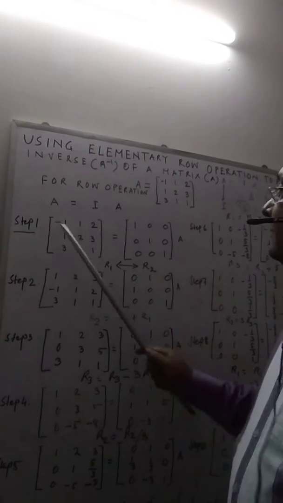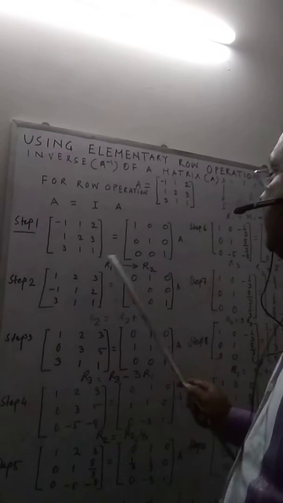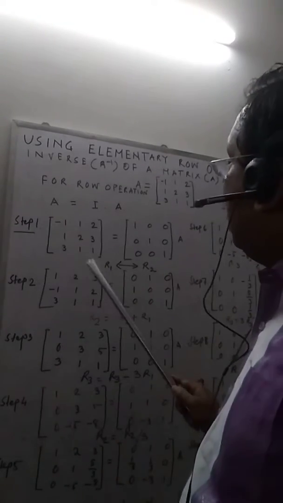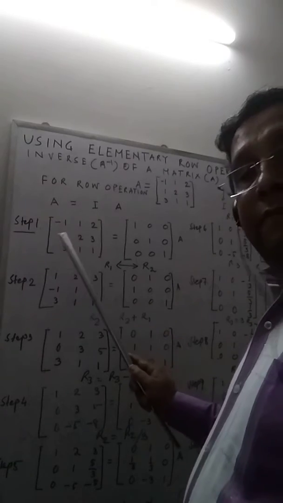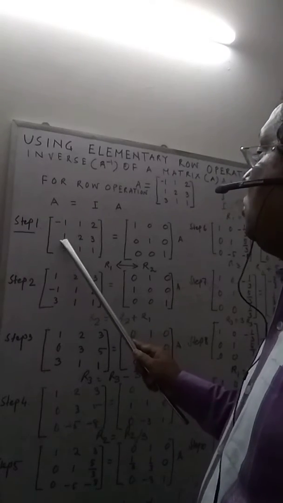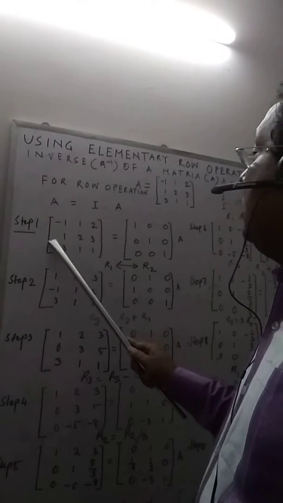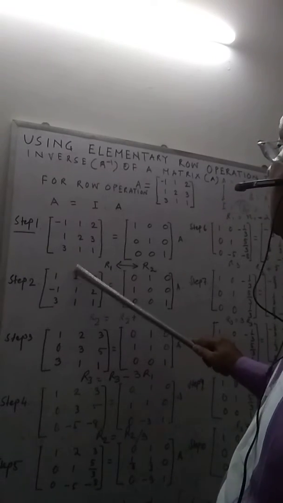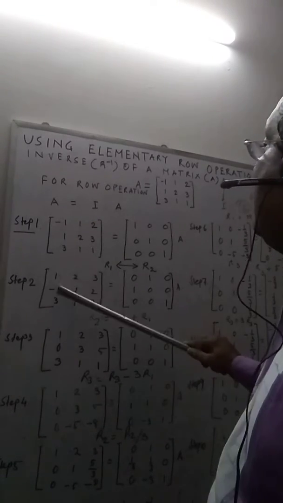Now, in step 2, just see this instruction. This instruction is important. As I told you, rows can be interchanged. Here, if you observe, in R2 there is already a 1. So if I interchange these two rows, this 1 can easily come over here.